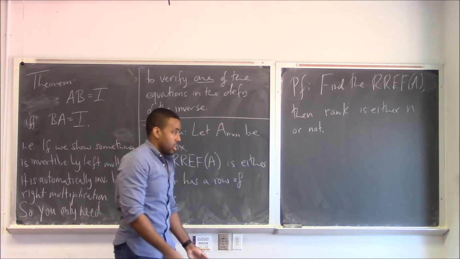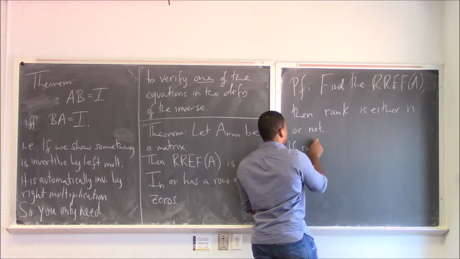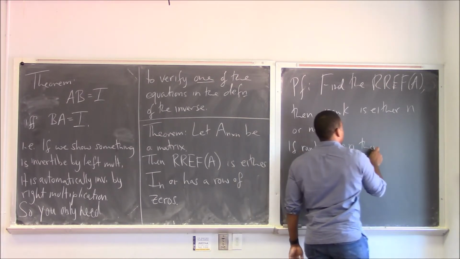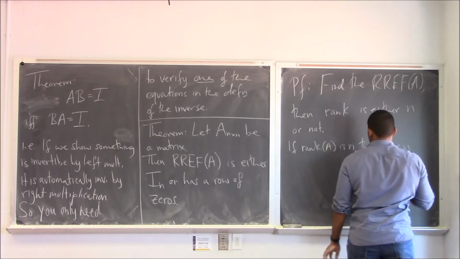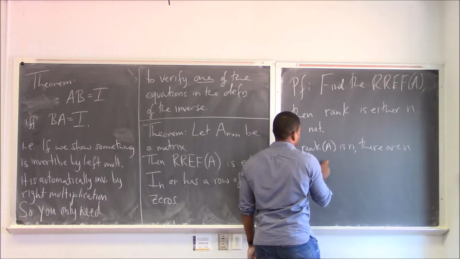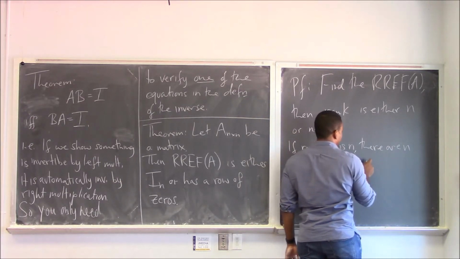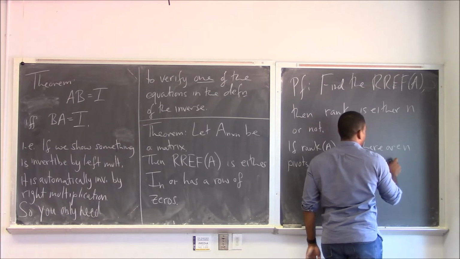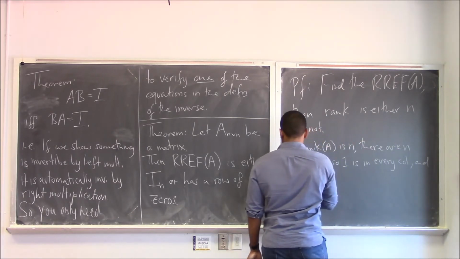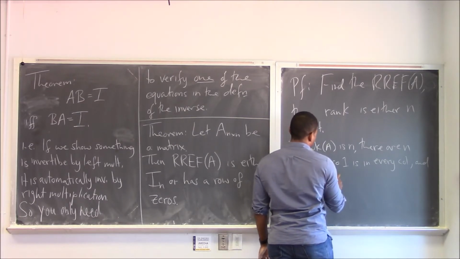It's either n or it's not, that's true. So if the rank is n, there are n pivots, and so one is in every column, and hence in every row.